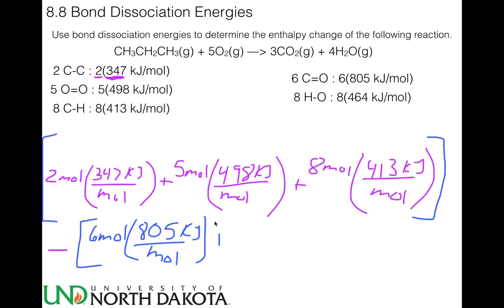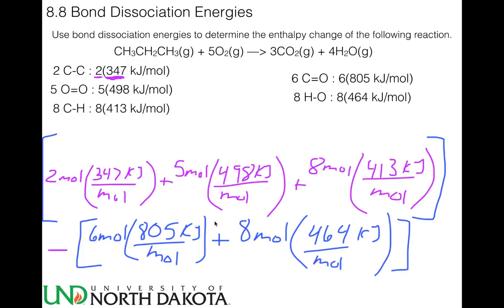And to that we will add our 8 moles of oxygen-hydrogen single bonds, 464 kilojoules per mole. So, on our reactant side, we will have 2 moles times 347 plus 5 moles times 498 plus 8 moles times 413.